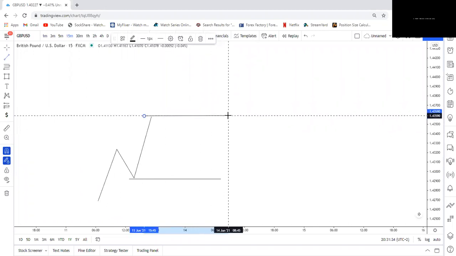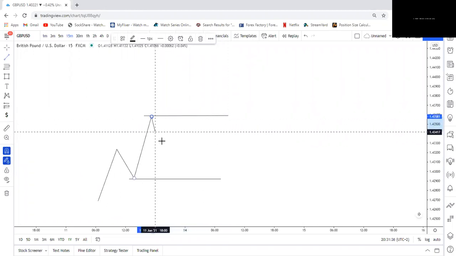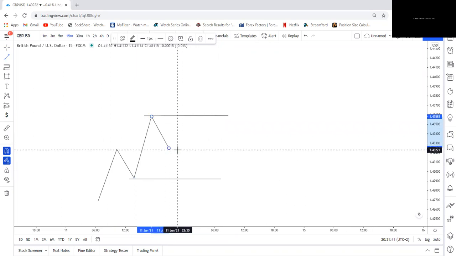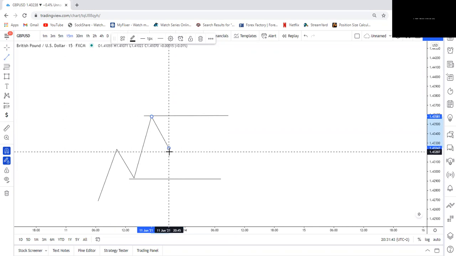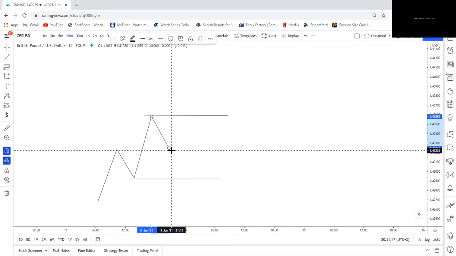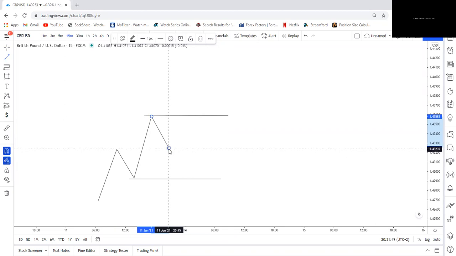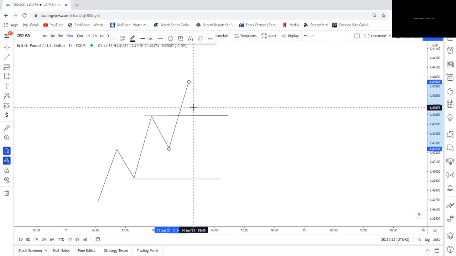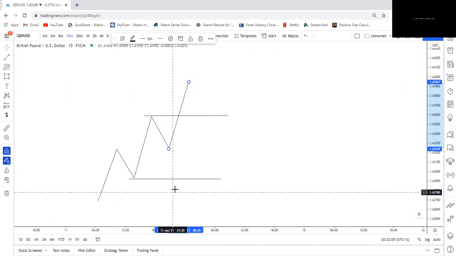If price action pulls back, we cannot definitively say that this is a higher low as of yet. We can only call it a higher low once a new higher high is then made. So in an uptrend, a higher low is only formed once a new higher high is made.